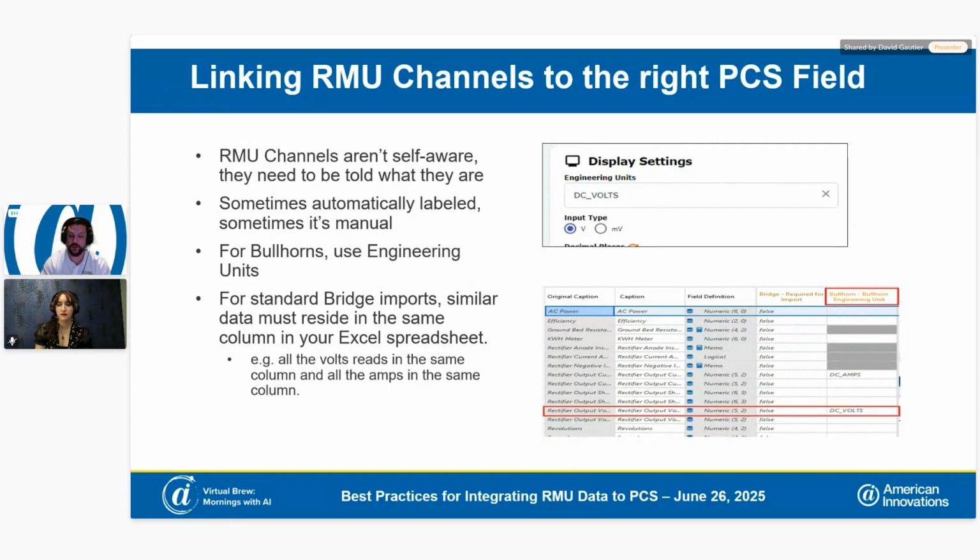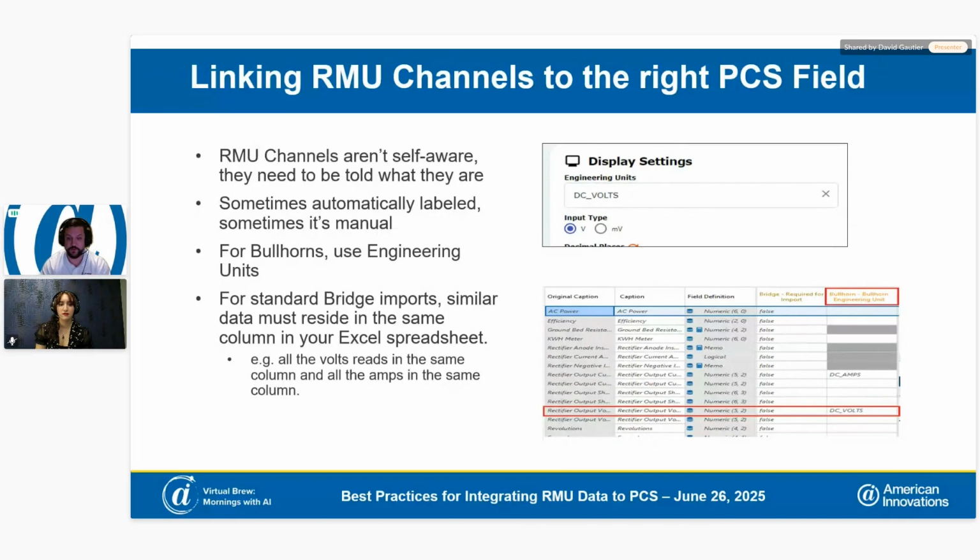And so when we're pulling in the report from Bullhorn over the API, we can recognize this measurement has this engineering unit, DC_volts, that matches the engineering unit on this field. And now PCS knows exactly where that data should live in PCS, right? So that's how we do it with bullhorns.